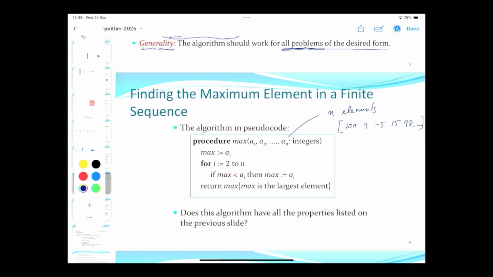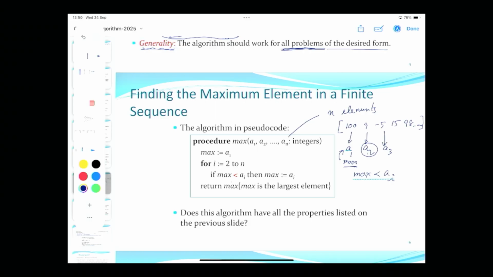We start with a variable max, and max is assigned to the first element in the list. So this is A1, this is A2, A3, and so on. Then the index i goes from 2 to n, so that AI, which is A2 here, is compared with the max. If max is less than AI, then we update the max with AI.